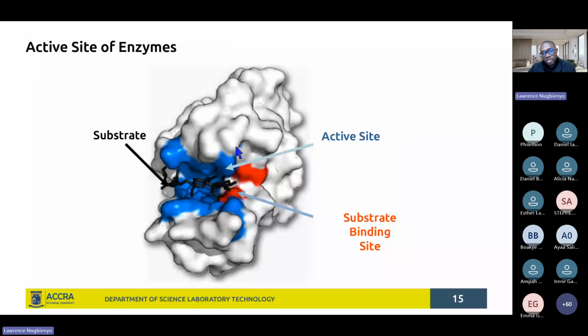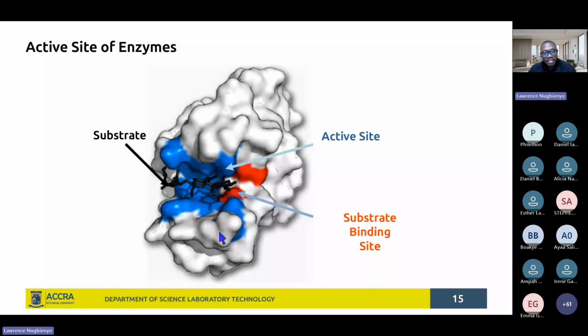Okay, so we've been talking about active sites. So we take some deeper look at what we mean by an active site. If we have a protein, which is an enzyme, it is a large molecule.